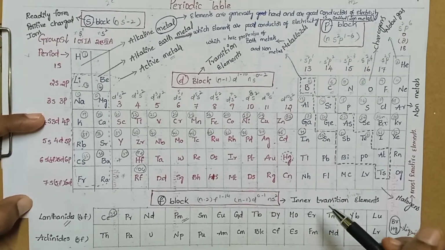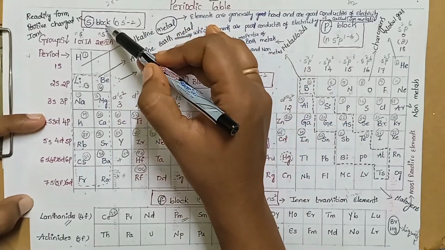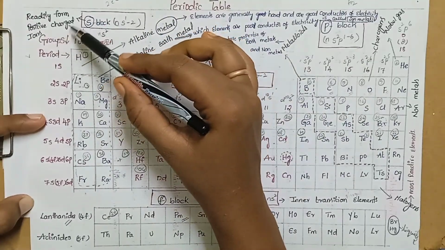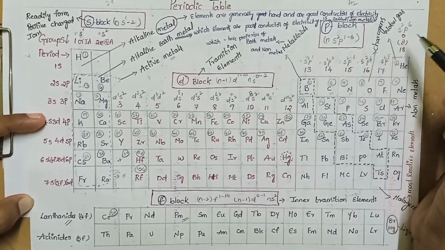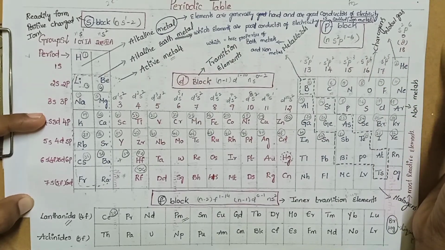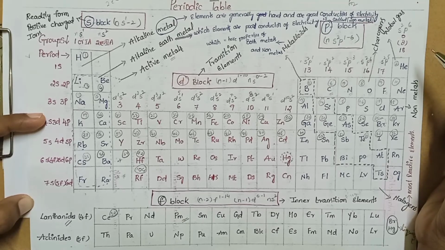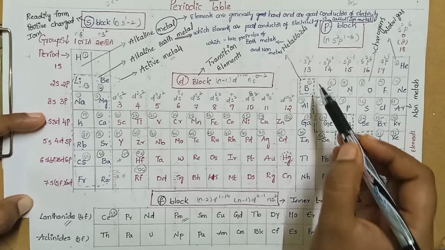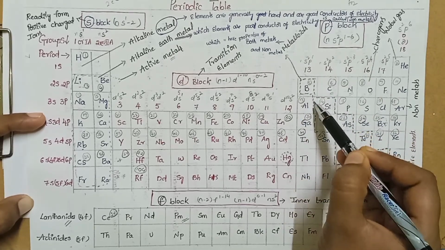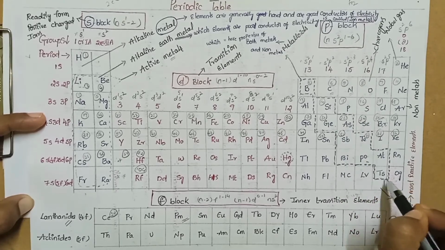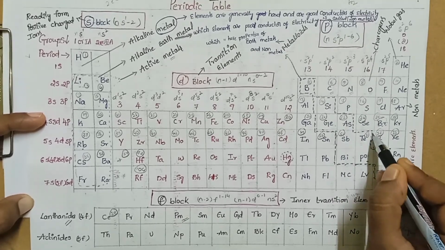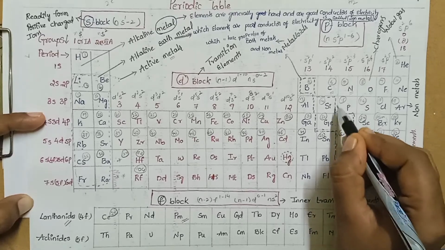In this periodic table, s block elements readily form positively charged ions and p block elements readily form negatively charged ions. What are metalloid elements? The elements along the dotted line are known as metalloids.